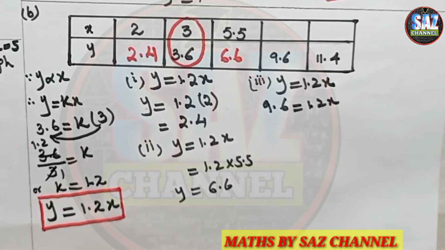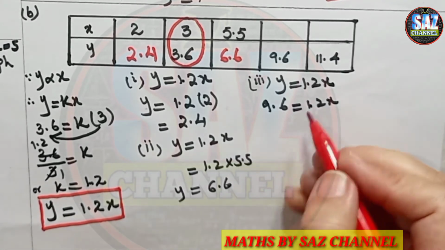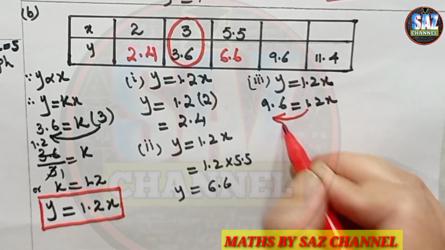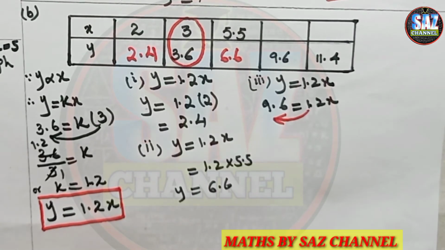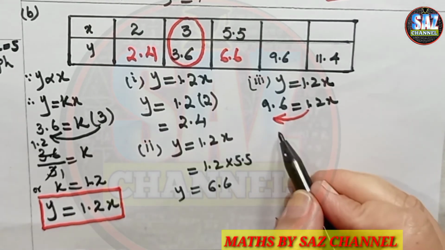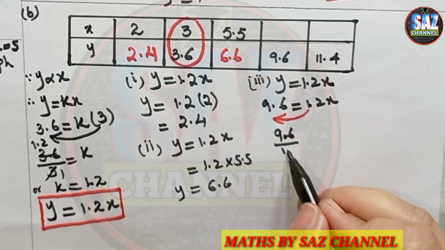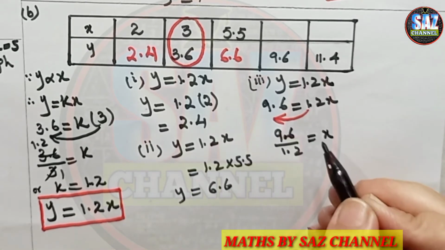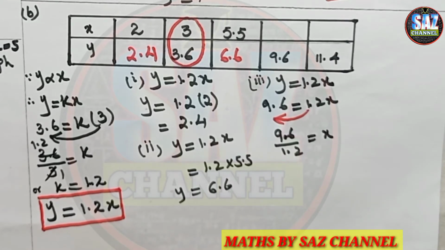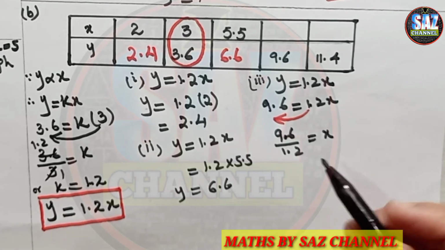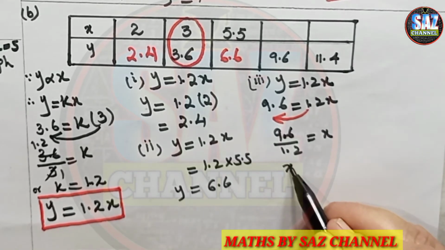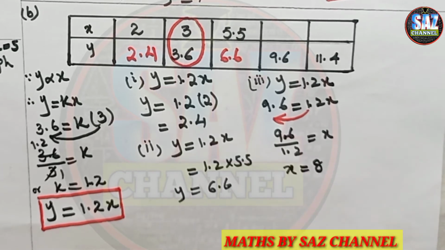In order to get the value of x, shift 1.2 to the other side, and it will take the form 9.6 divided by 1.2 equals x. Now 12 8s are 96. 9.6 divided by 1.2 will give me 8. x equals 8. So replace the value instead of the unknown.